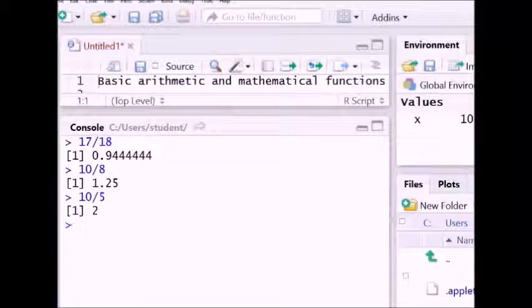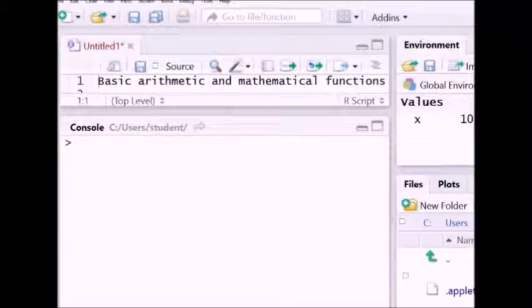Okay. Now we can write the mathematical expression also. Suppose 10 minus 9 into 7. The answer is minus 53. And we may use the parentheses also to group the operation.